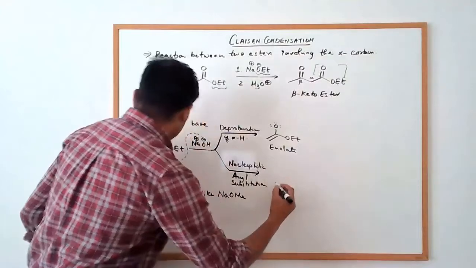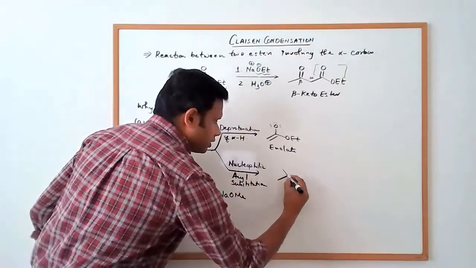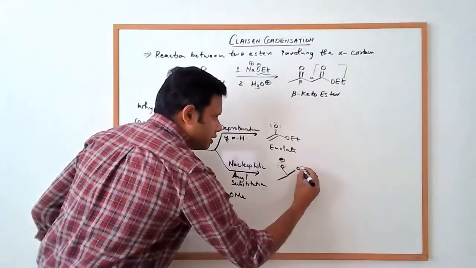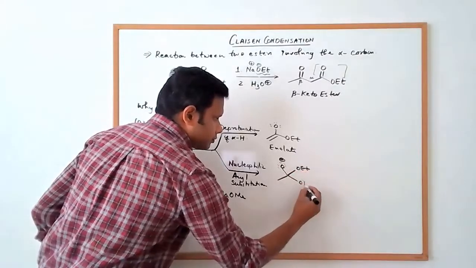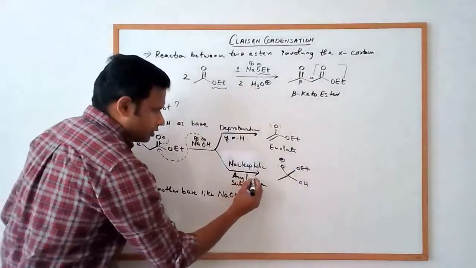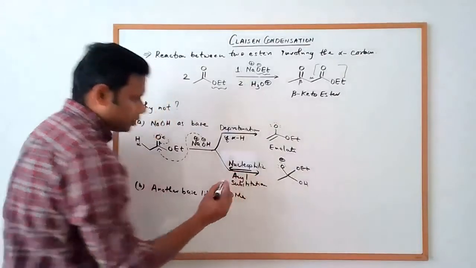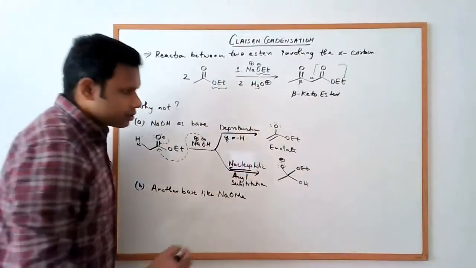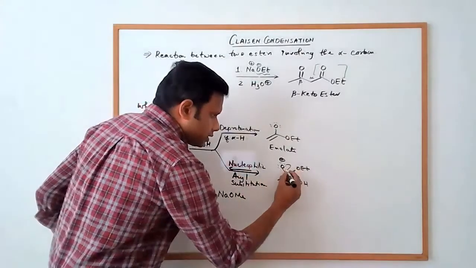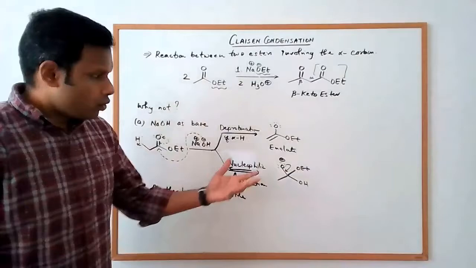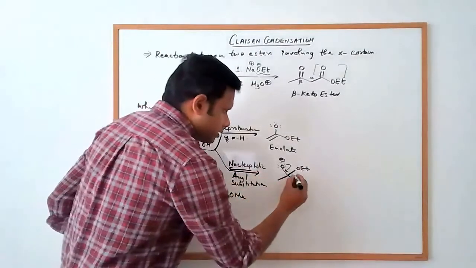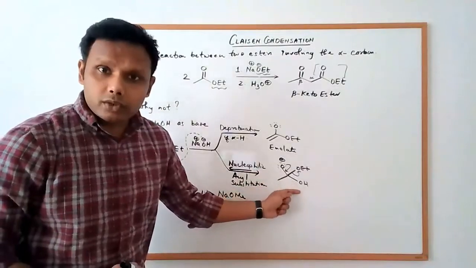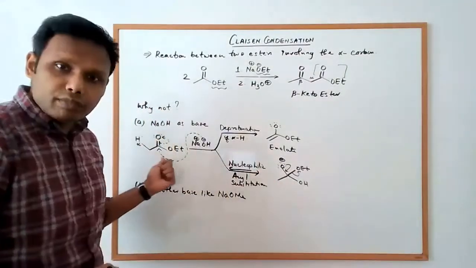Essentially this attack would give us a tetrahedral intermediate. There is equilibrium here. And when the tetrahedral intermediate collapses, one of the possibilities is that the ethoxide gets kicked out. The hydroxide could also get kicked out, and that would take us back.